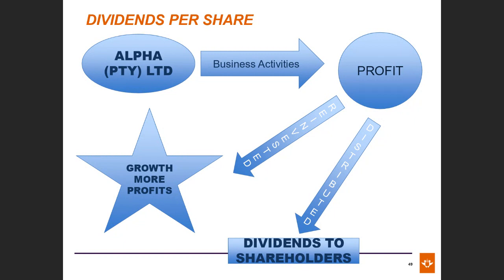Shareholders obviously supplied capital to start the company to do the business activities. So in order for shareholders to be compensated for the share capital they provided, they need to be paid dividends. So the dividend per share ratio is simply calculating the dividends paid to shareholders.